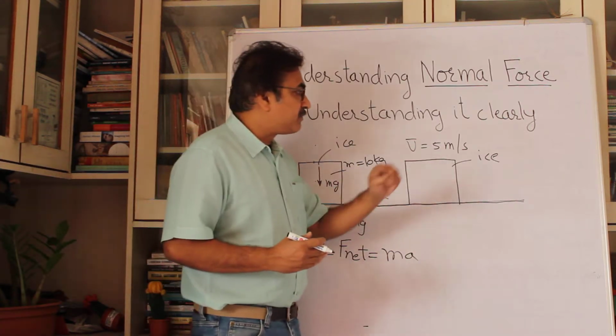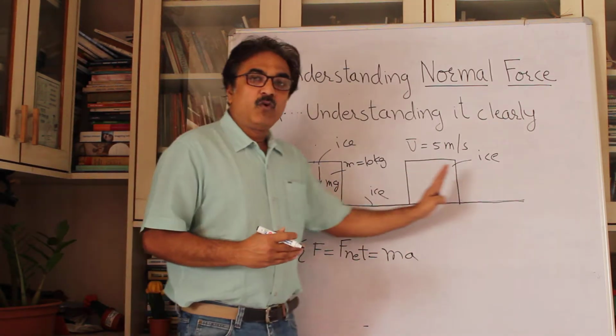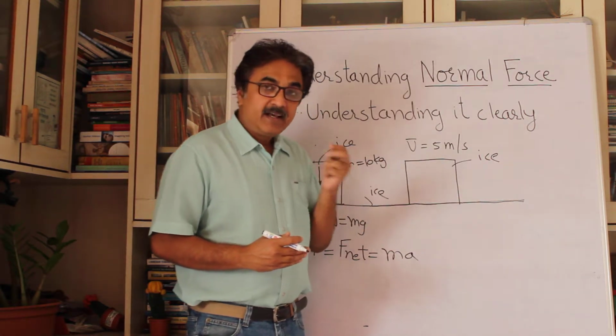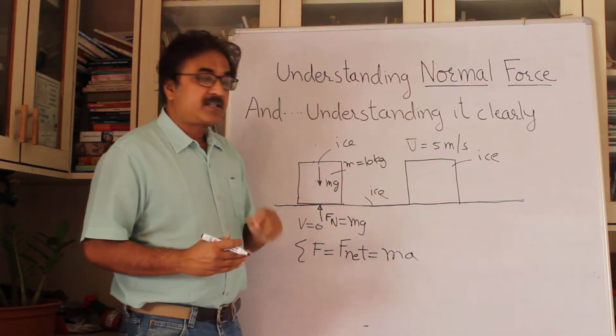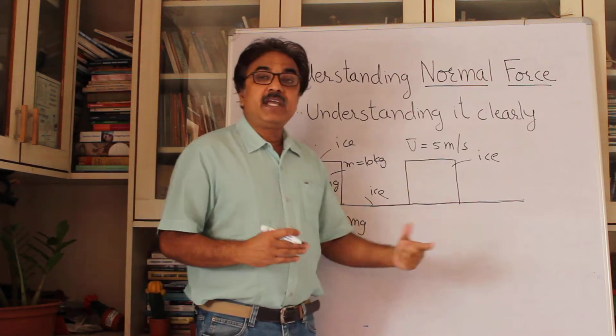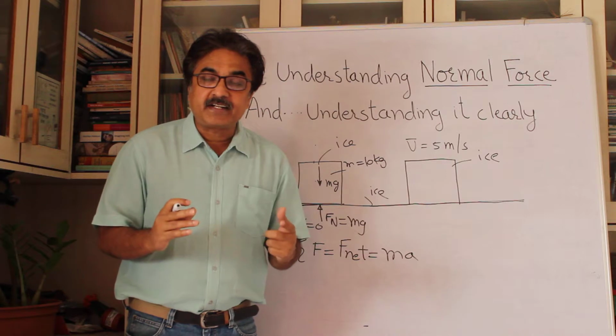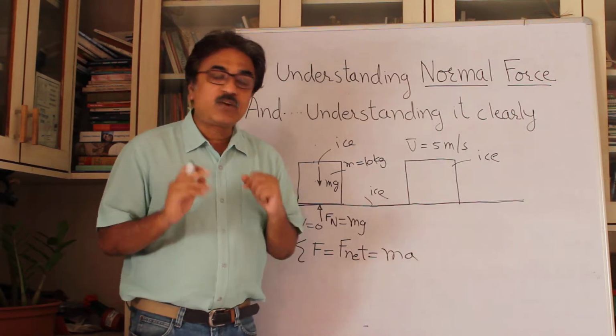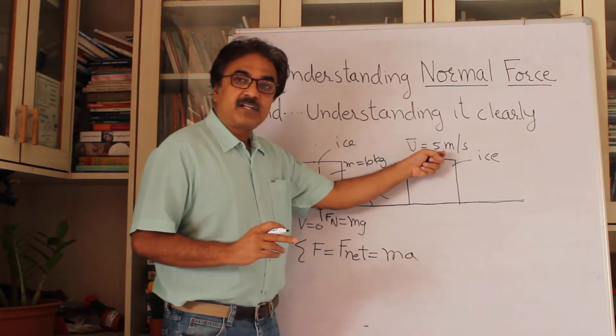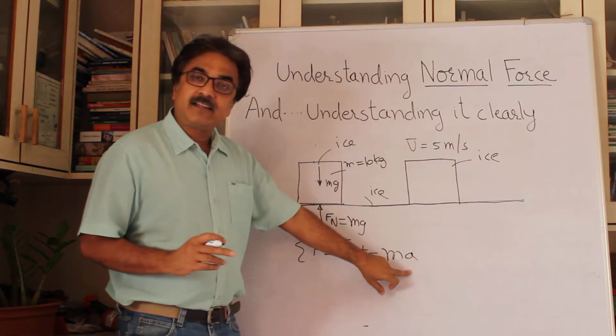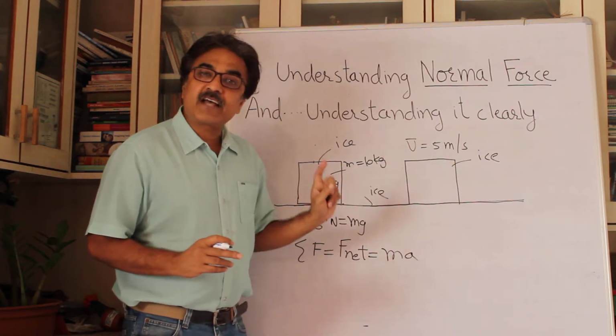Now let's consider this body, which is moving at a constant velocity. What will be the net force on it? Obviously the net force is zero, because a body moving at constant velocity has acceleration equal to zero, so net force has to be zero.